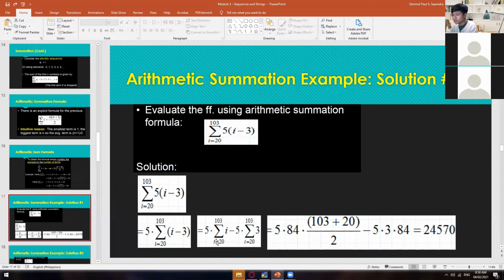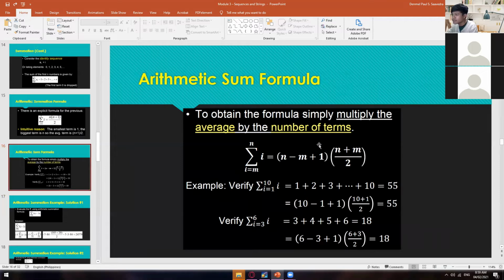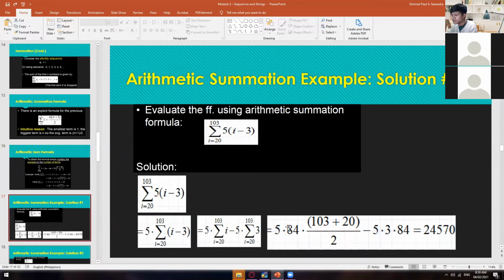So we have a total of 84 terms times this letter i. So what is this letter i? This is the n plus m divided by 2. So this summation is the n minus m plus 1, and then this i is n plus m divided by 2. So one formula and then another formula, which is now this one.